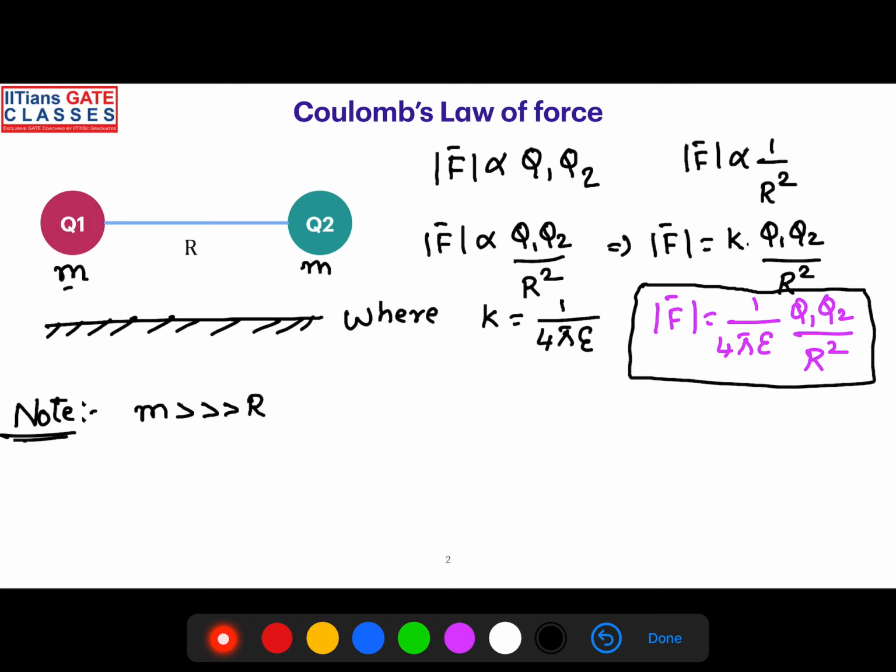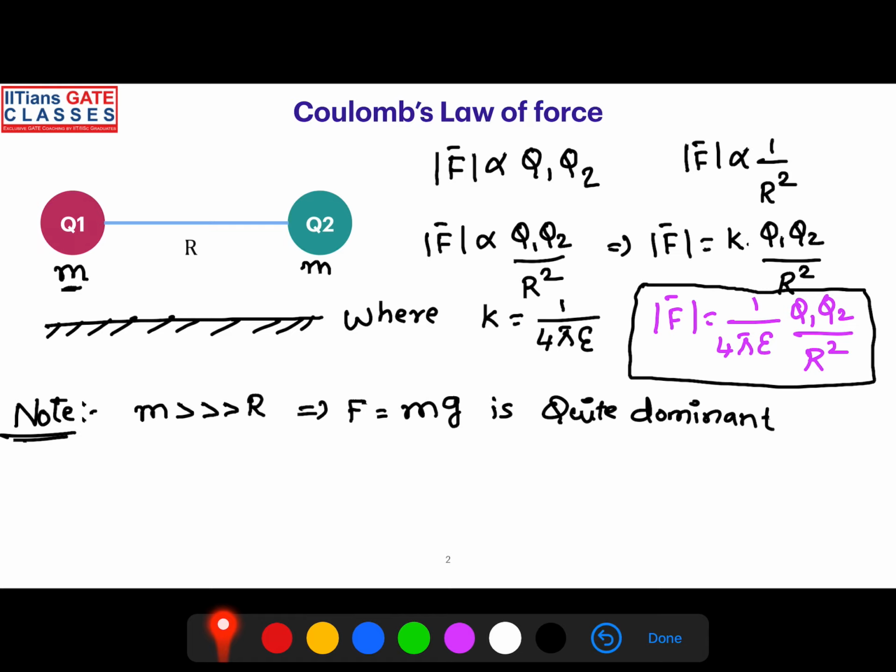So there exists a gravitational force, which is mass into acceleration, and it is quite dominant. In other words, when the mass of the charged particle is too high, the gravitational force is going to be more dominant than the Coulomb's law of force. So Coulomb's law of force is significant when the mass is quite negligible compared to the separation between the charges.